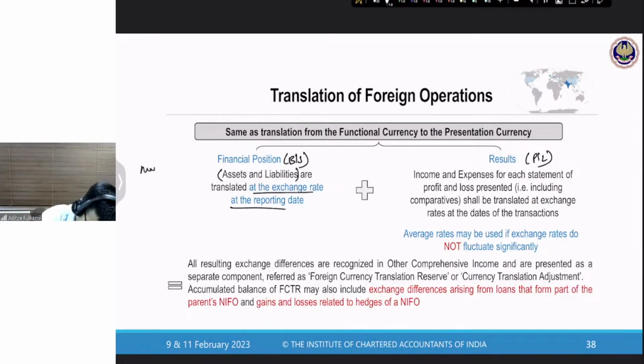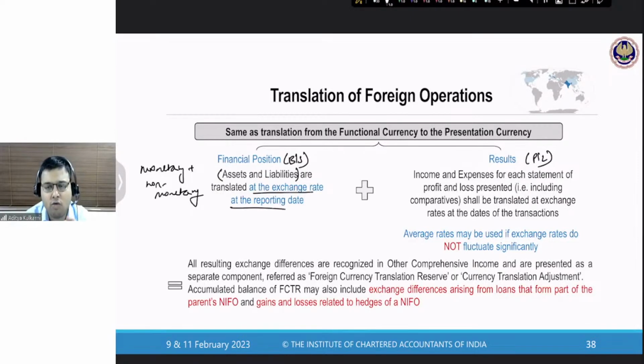So basically, this includes monetary plus non-monetary assets and liabilities. So you have the trial balance of the subsidiary or of the branch. That trial balance will contain balance sheet items. So the balance sheet items, assets and liabilities will be translated at the exchange rate on the reporting date.